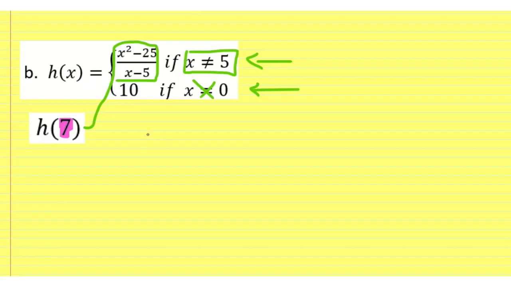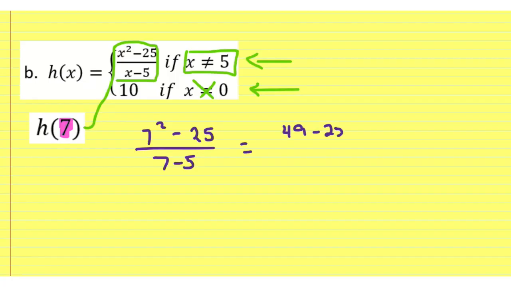So that's going to be 7 squared minus 25, and that is going to be divided by 7 minus 5. And that is going to be equal to 49 minus 25 divided by 2.